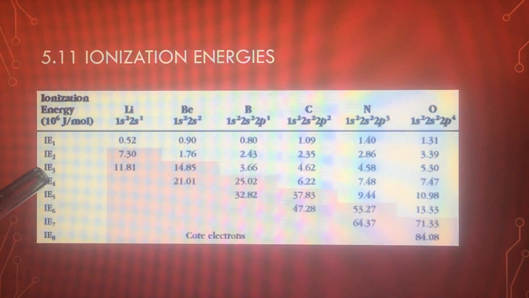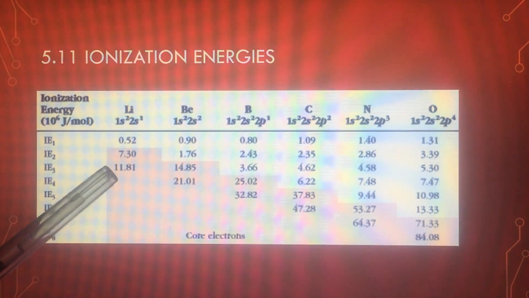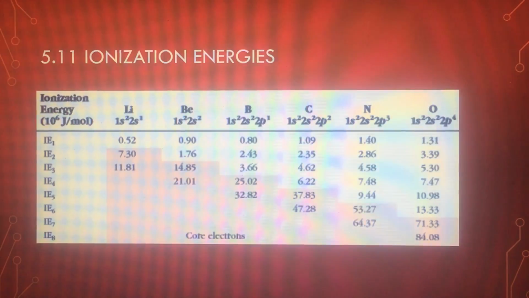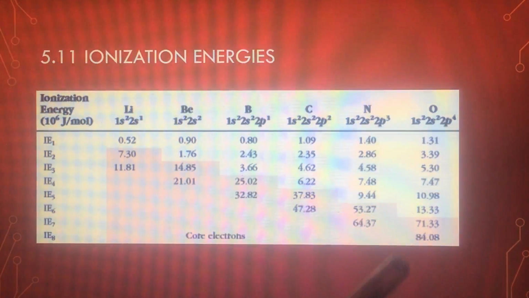The third ionization energy is required to remove the last remaining electron in the lithium, making it lithium 3+. The same goes for beryllium, boron, carbon, and nitrogen.